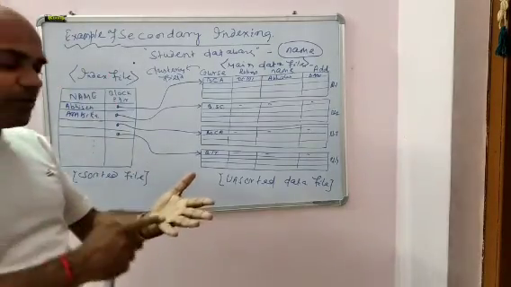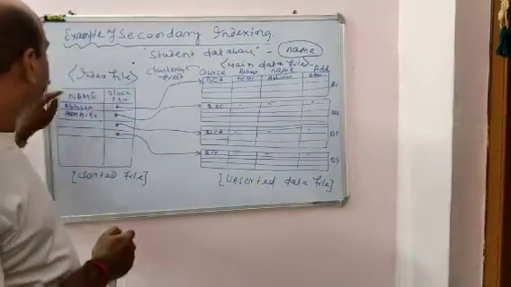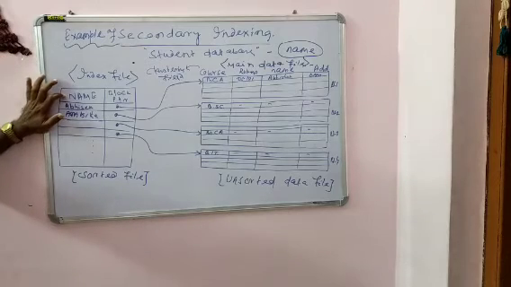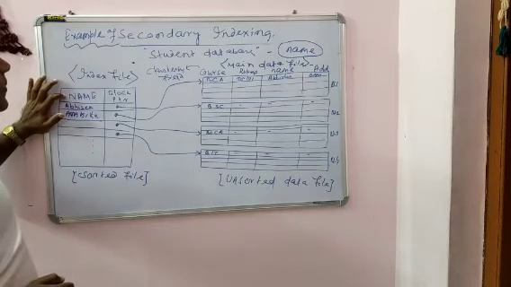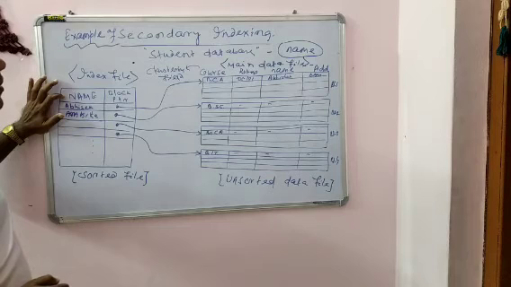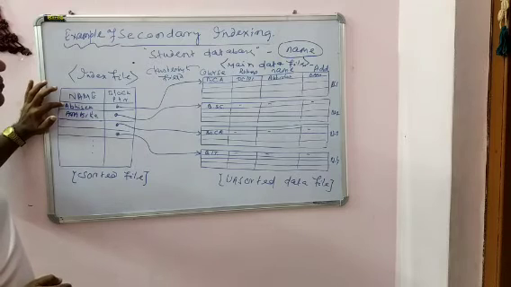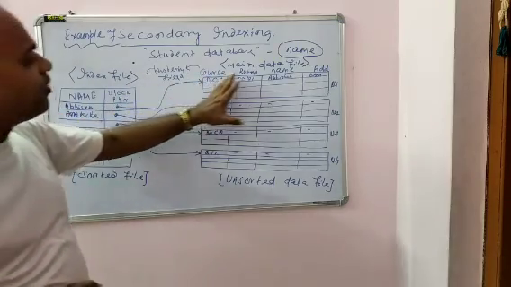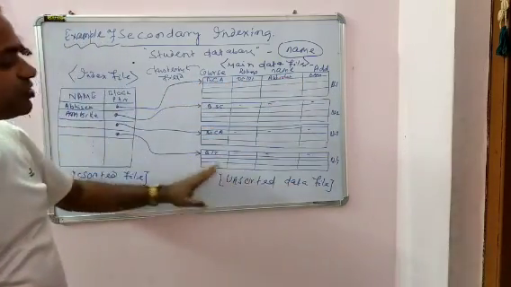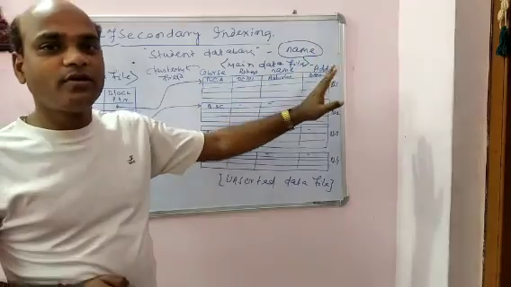So in primary indexing, the index field was the primary key, and in cluster indexing, we create the non-key field as the index field, and in secondary indexing, here this main file is unsorted, not required to be sorted.